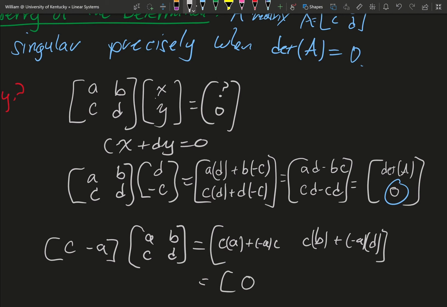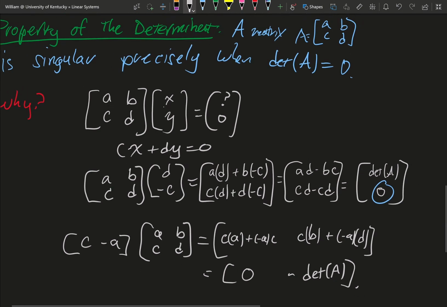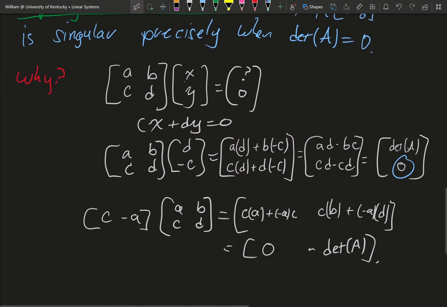So I have 0, and then here I'm actually going to get not the determinant, but negative the determinant. And so this happens in general. If I try to make one entry 0, then the other entry is a multiple of the determinant. And that's why it's related to this property of being singular. Okay.